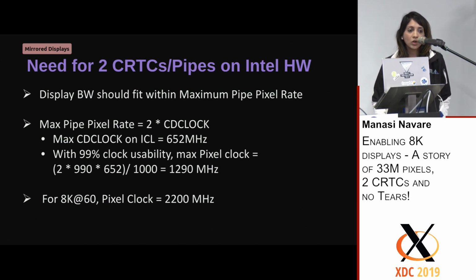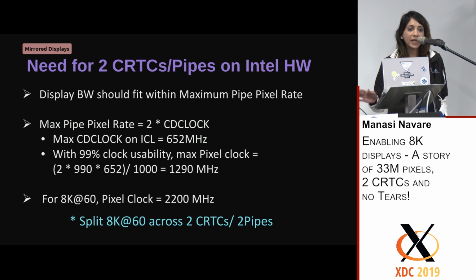And clearly that's not enough for 8K at 60, which needs about 2000 megahertz. So for any 8K or higher resolution, we have to split it across two CRTCs or two pipes on Intel's current gen platforms.